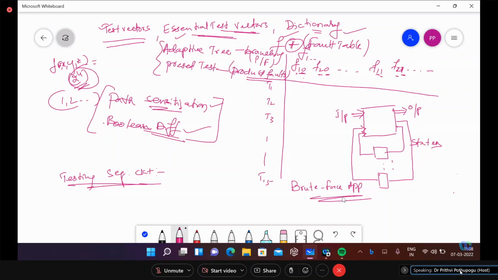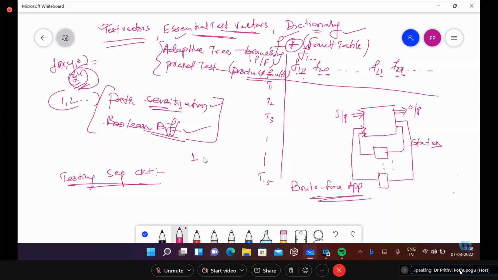So what can be the remedy, or what can be a probable correction that we can do in order to cut down this complexity of testing? For an input sequence, what does that mean?